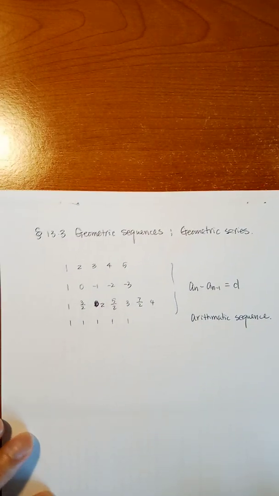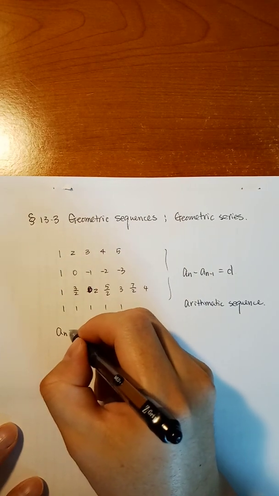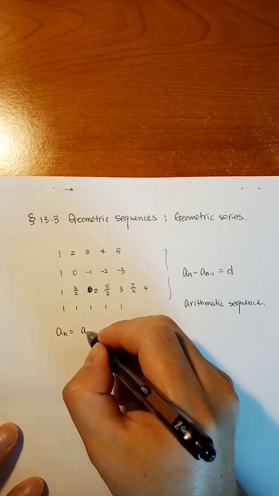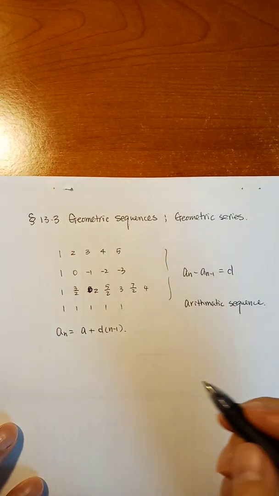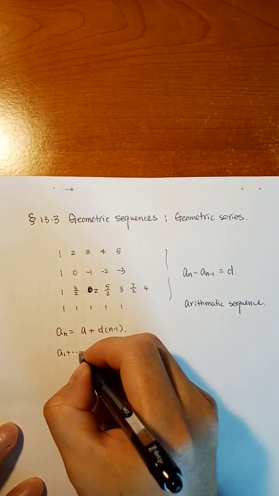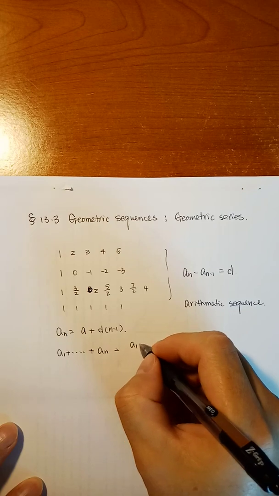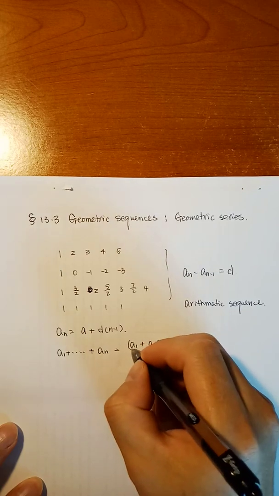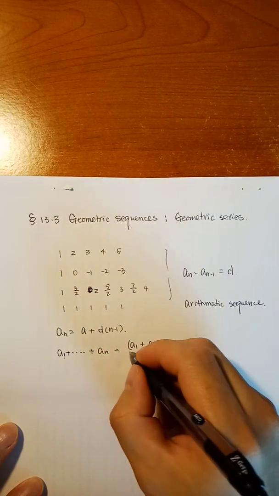Remember that for an arithmetic sequence, the general term a_n is the first term plus d times (n minus 1). And the sum a_1 plus ... plus a_n, from 1 to n, is the first term plus the last term, times n, the number of terms, divided by 2.